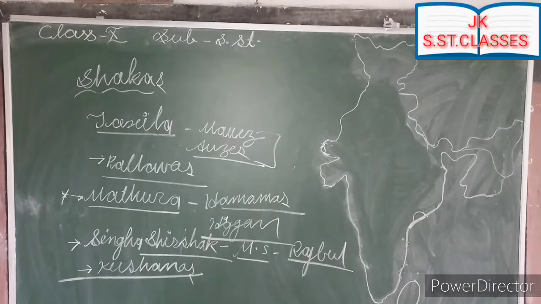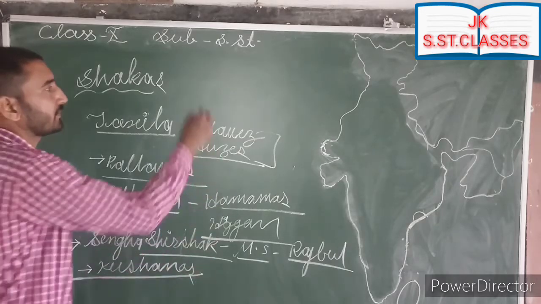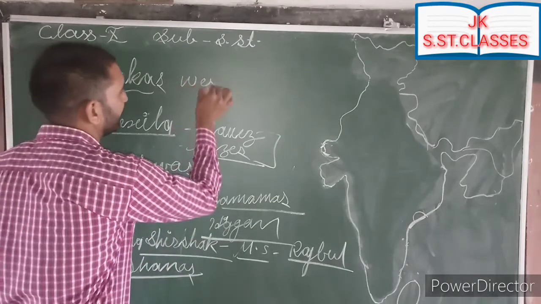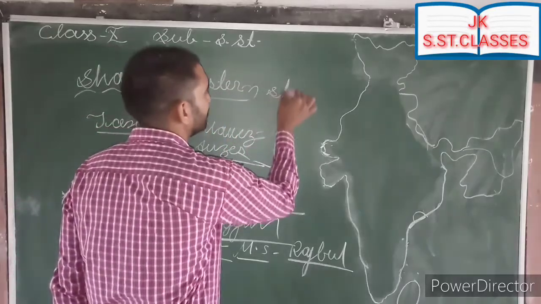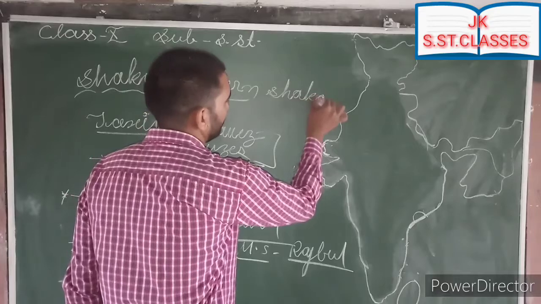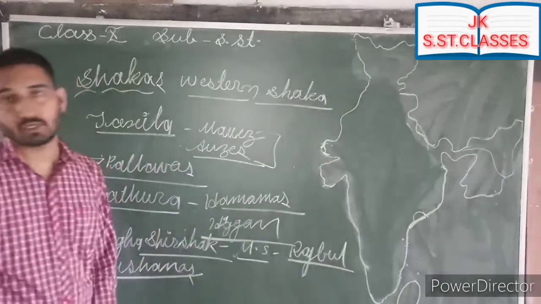Now after that, the next dynasty was the Western Shak dynasty, or the Shakas of Maharashtra.